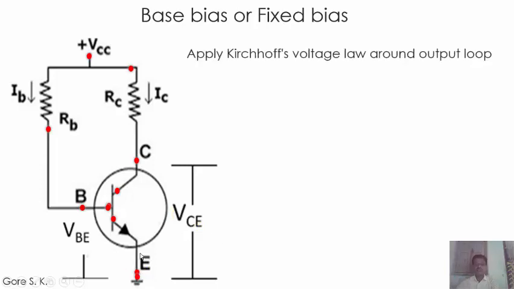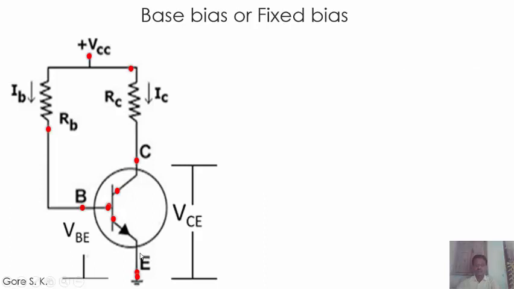So Kirchhoff's voltage law around the output loop gives VCC minus RC IC minus VCE is equal to 0. Suppose this is equation number 3.